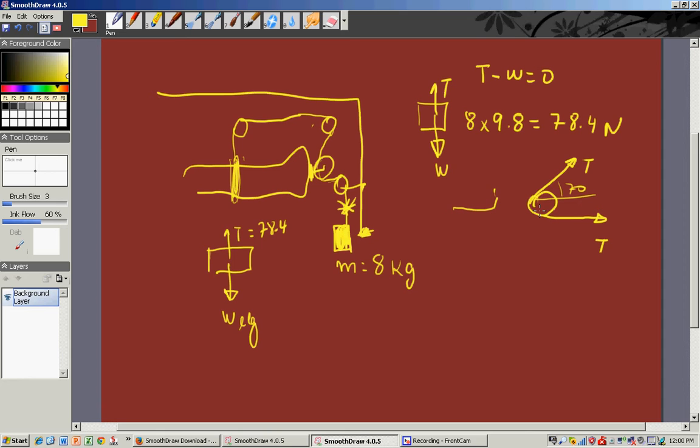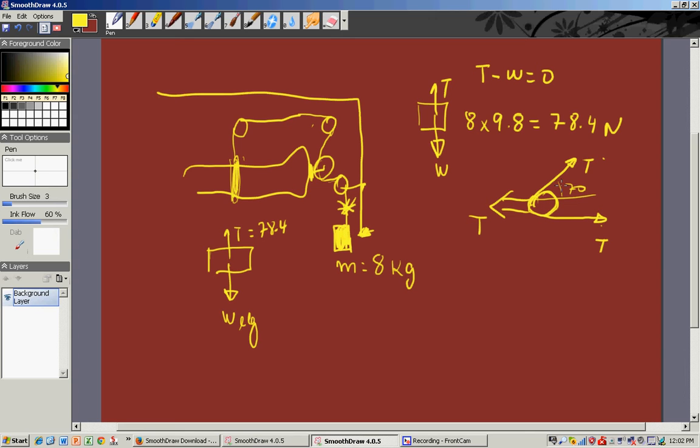And this pulley and the whole thing pull the leg with a traction, and it's said to be horizontal, so let's go to the left that way, so that the pulley doesn't move.